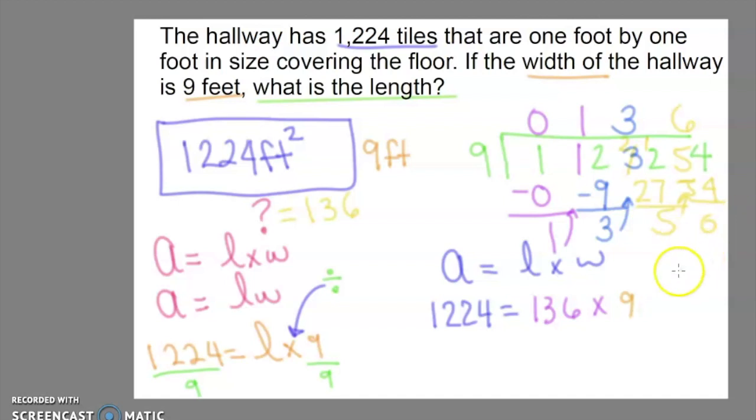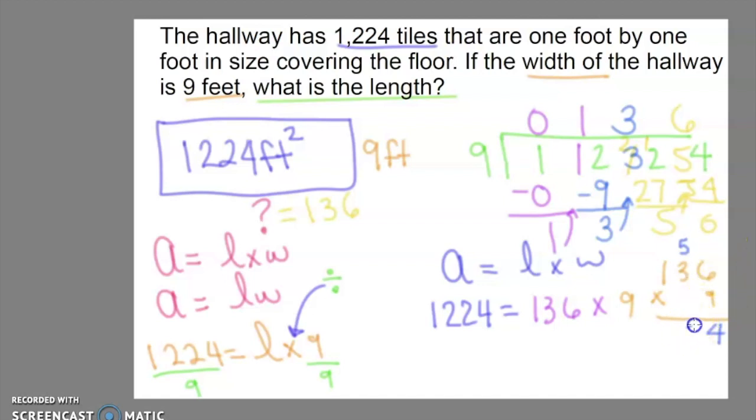So let's go ahead and multiply. So I have 136 times my 9. All right, 9 times 6 is 54. Put my 4, carry my 5. 9 times 3 is 27 plus 5, so 27, 28, 29, 30, 31, 32.